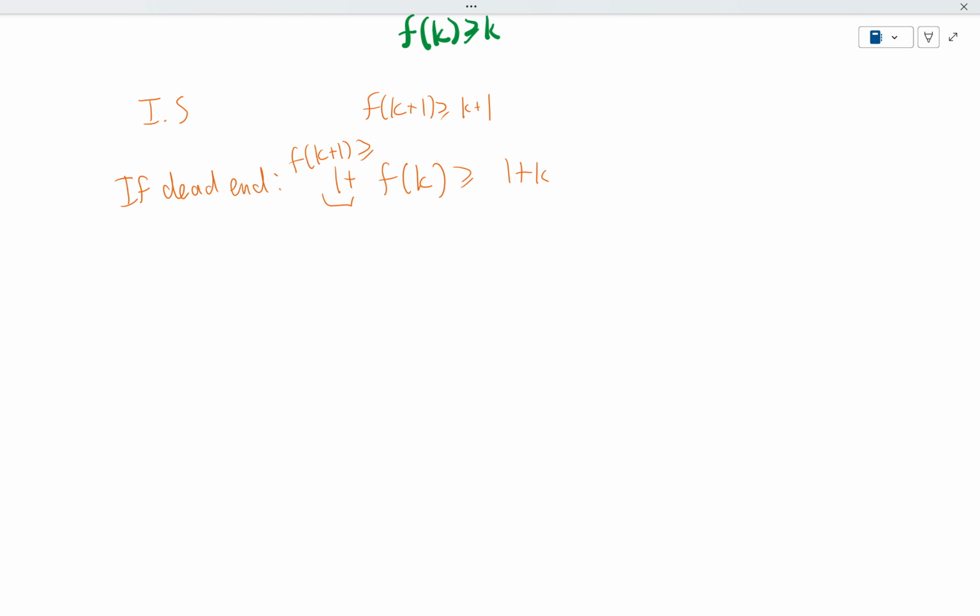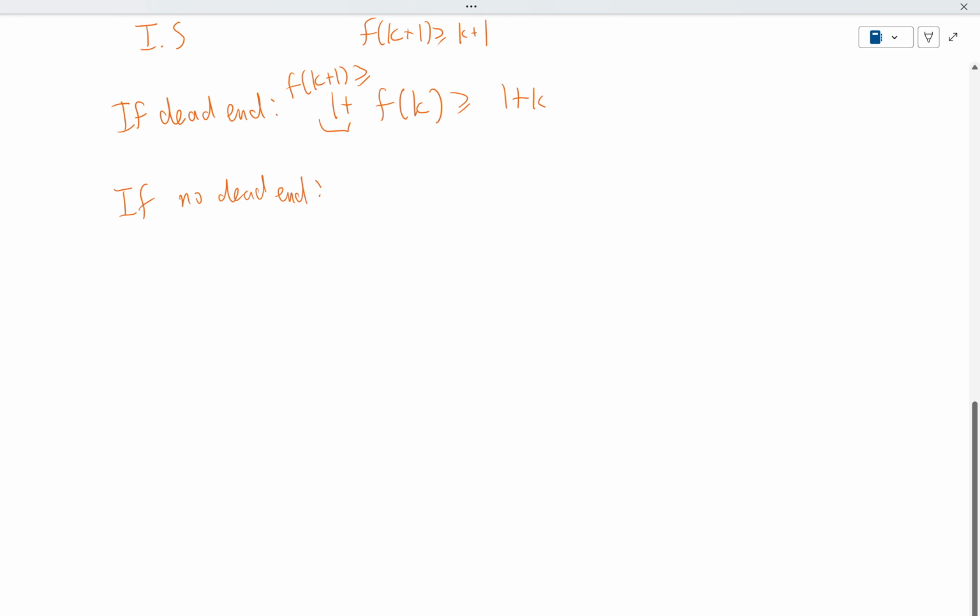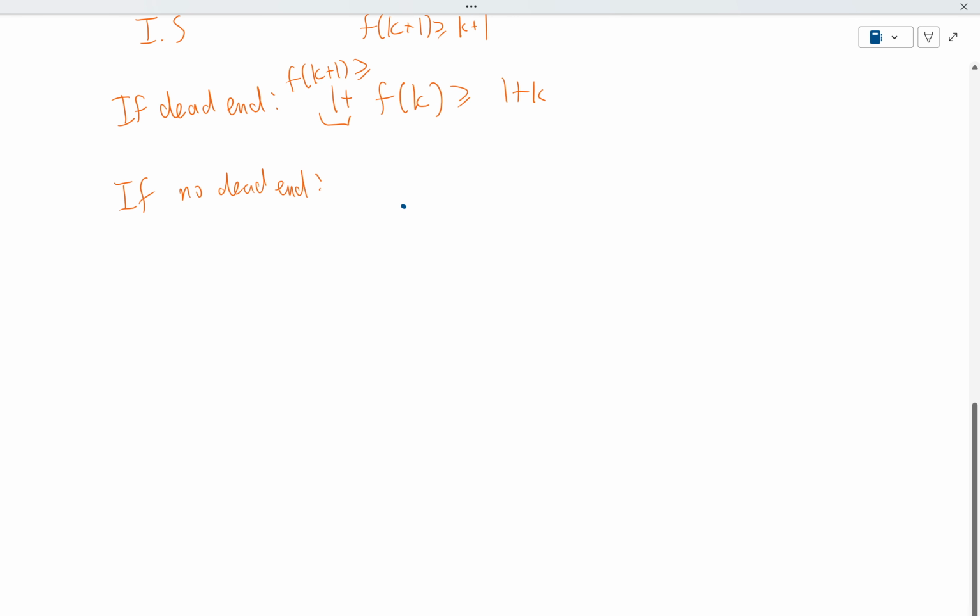Now, if there isn't a dead end, then let's assume these are the people who are left. You can pick any one of them, and then follow the person he's pointing to. So this person points to this one, and now you follow who he's pointing to. Say he points here, and say he points to this person.